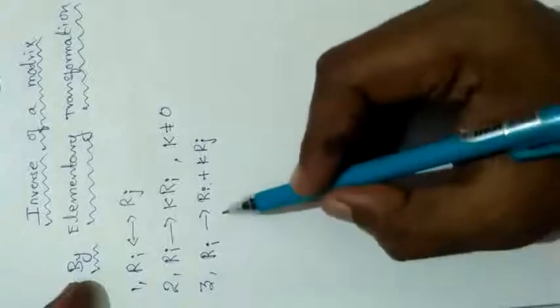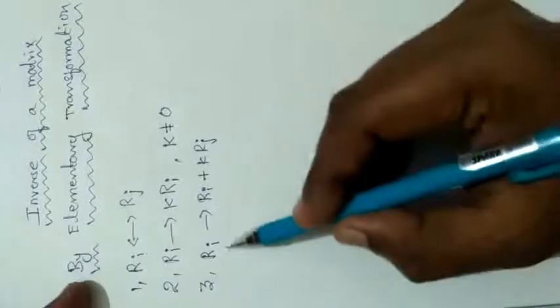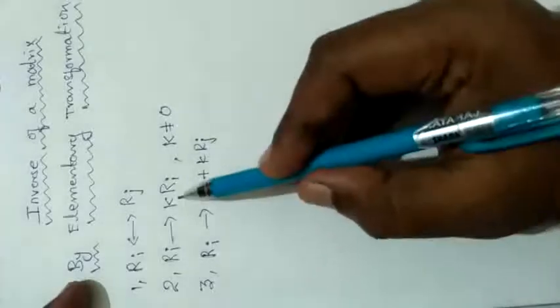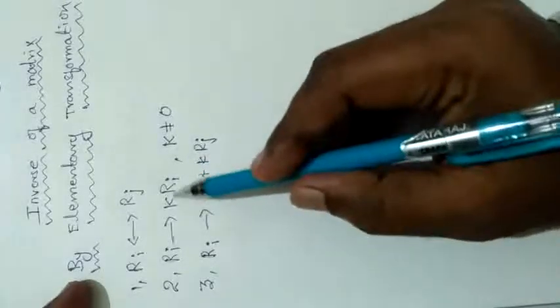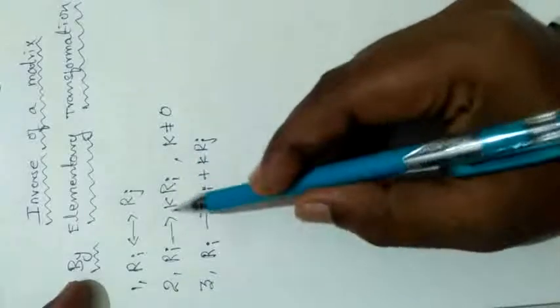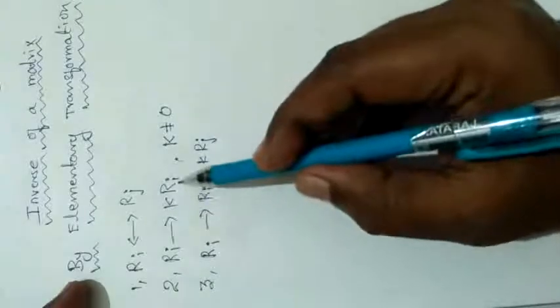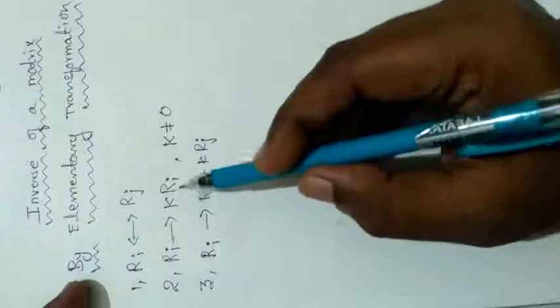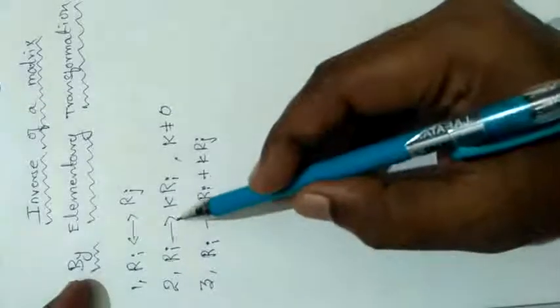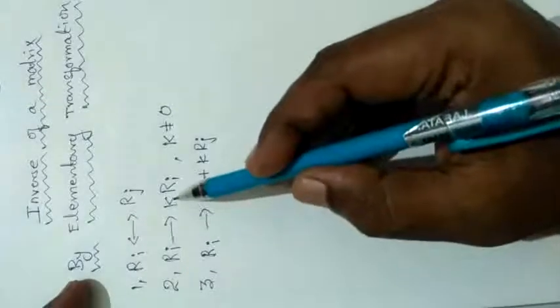Most of the time we use this elementary transformation to make one particular element 0. And this other one we will use mostly to make a particular element as 1. If you want to make any one element 1, we will use this one.